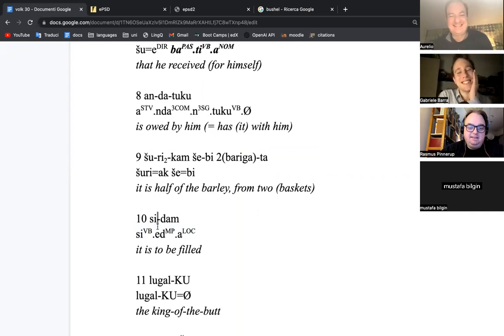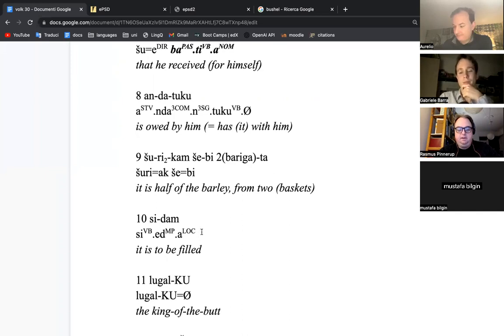The line 10 here is the verb see, to fill, and then we have a D, which is from add, the add that forms a sort of present participle or gerund, filling, and then it's followed, presumably, we think, by a locative or perhaps a directive.